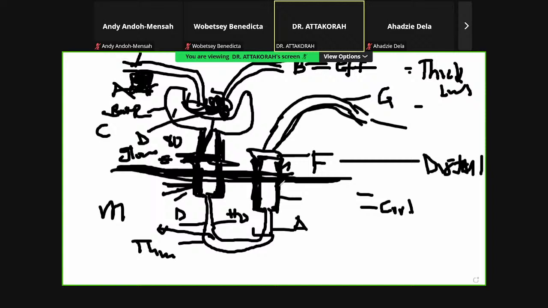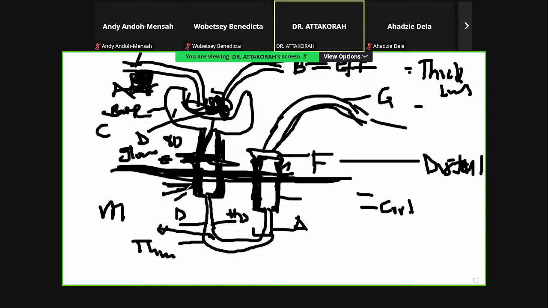Put this down, very important. I'm saying that at the thick loop, all the time, there's exchange of electrolyte, exchange of urea and glucose. That is why the proximal convoluted tubule takes about 80% of the sodium, urea, and glucose back into the system.